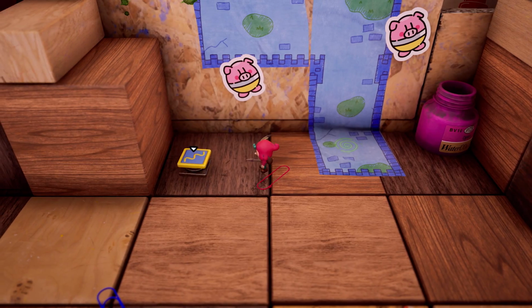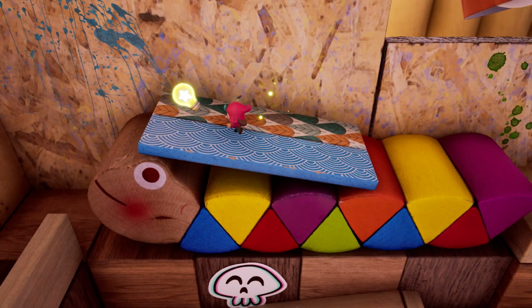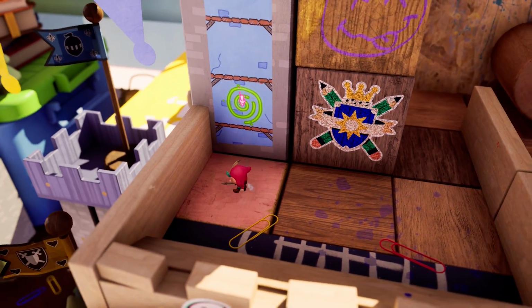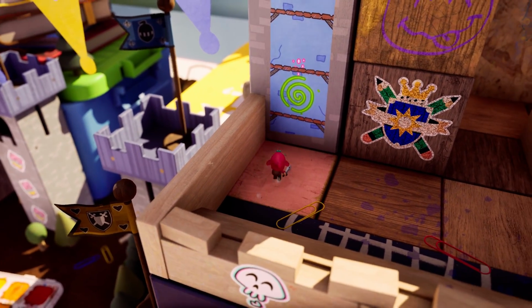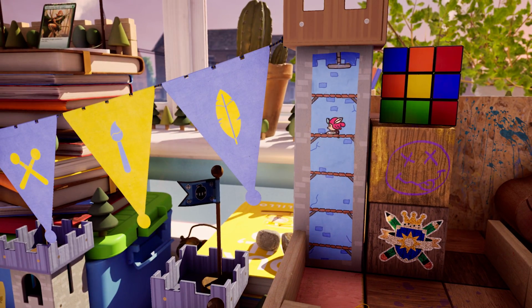Wait, like streamers hanging from the ceiling? Yeah. Oh, I see. So your method of friction with this world is not just the book. It's anything that's paper. You go, oh, I can do something with that. Yes. That's neat.